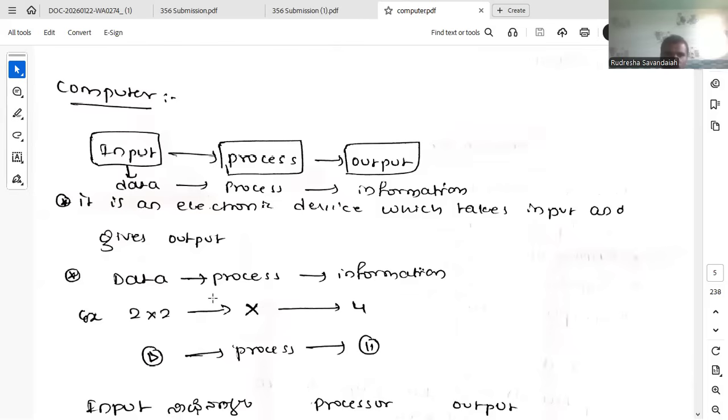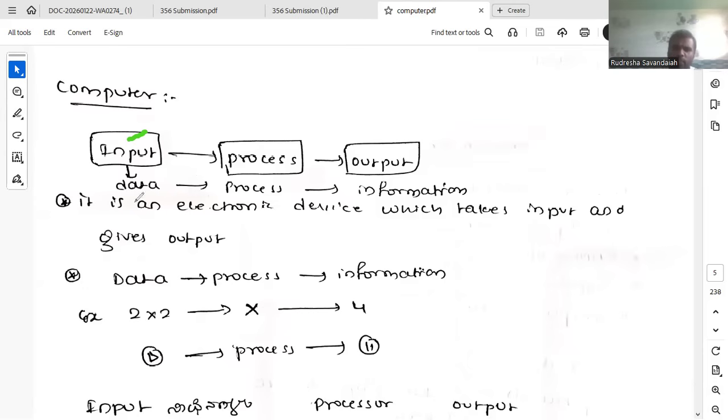Just I'll draw one rectangular box. I'll write some data. See here, I'll give data, and that is the input data. Then it will give the output. It is the electronic device which takes input and gives the output.